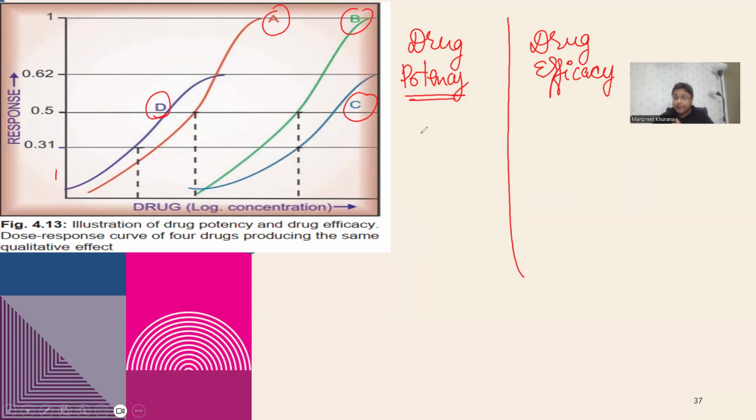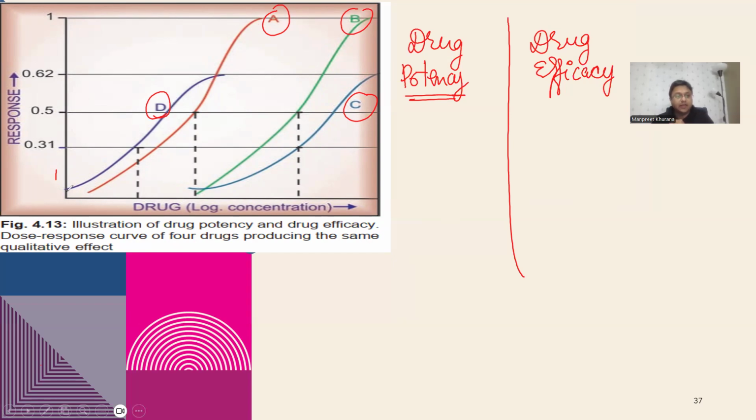Now, drug potency is understood on the x-axis, that is, how much drug concentration is required to observe the maximal effect or the effect of the drug. For example, if I take drug D, which is given by the purplish graph, and drug A, which is given by the red one, the difference between drug A and D is that drug D is more potent.